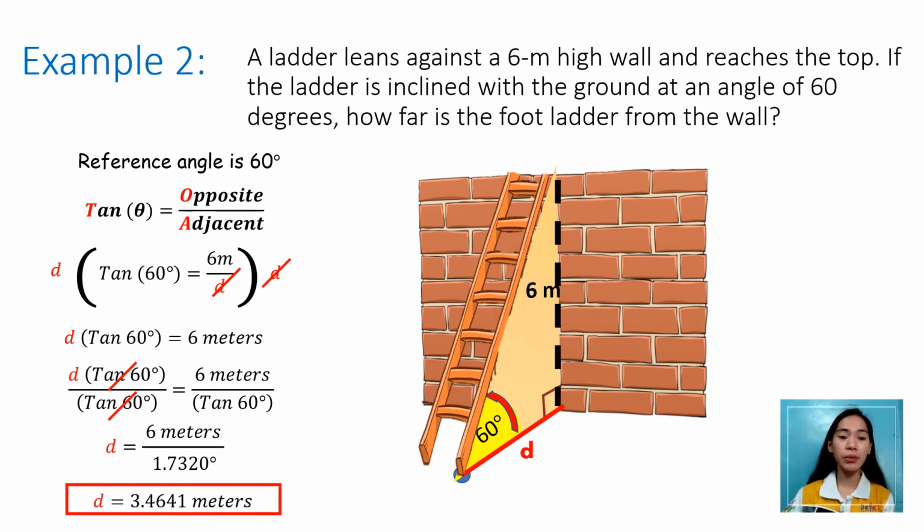So our answer would become d is equal to 3.4641 meters. So the distance from the foot of the ladder up to the wall is 3.4641 meters.